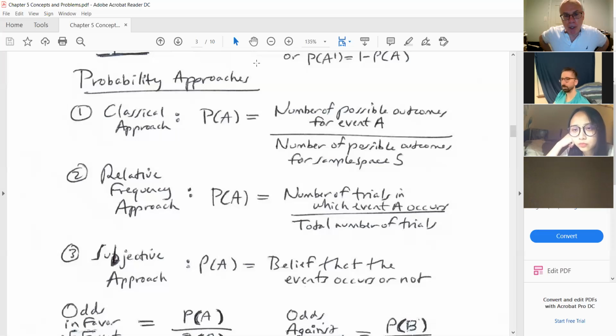So probability becomes almost certain. I'm not saying certain. It's never certain. But it becomes almost certain when the number of trials becomes very, very large. When it's very, very large, then the relative frequency probability is very close to the classical probability. For example, if you flip a coin 1,000,000 times and you want to know how many heads you got, no matter how many times you've run that experiment, you're going to get pretty close to 0.5.